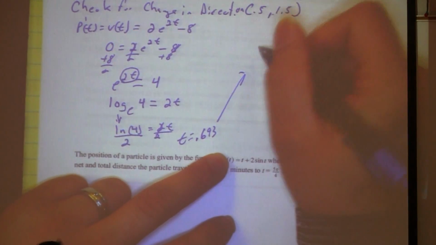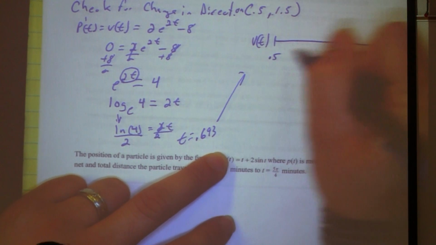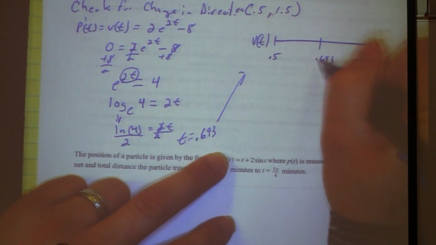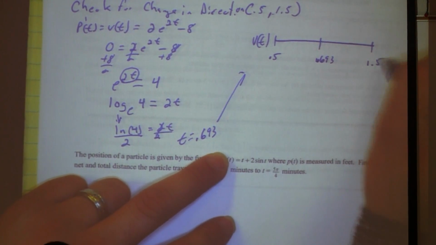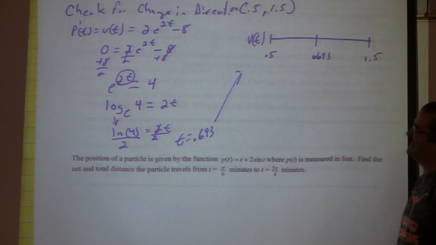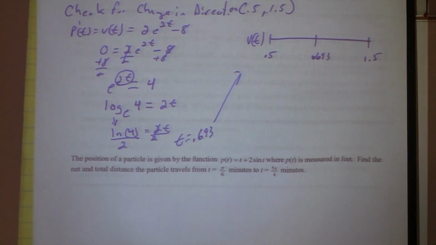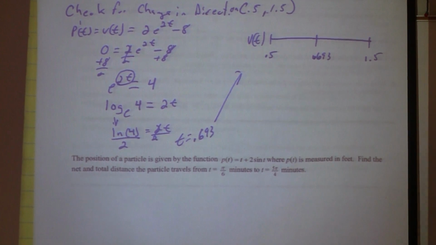Alright, so now just make your sign line, okay? I'm going to come back up here and I'm going to go v of t and make my sign line. We got 0.5, we got 0.693, and we got 1.5. So we got to pick values in those given intervals to do a sign analysis of my velocity. So what would be something between 0.5 and 0.693? 0.6.